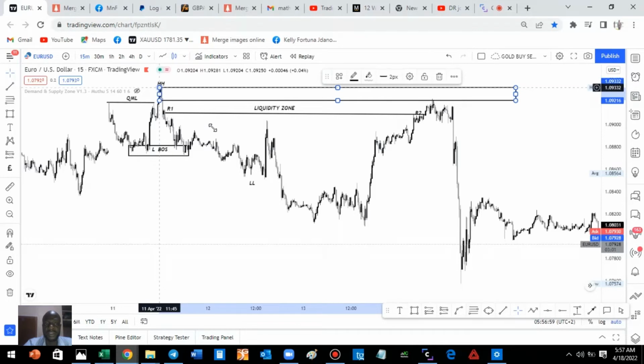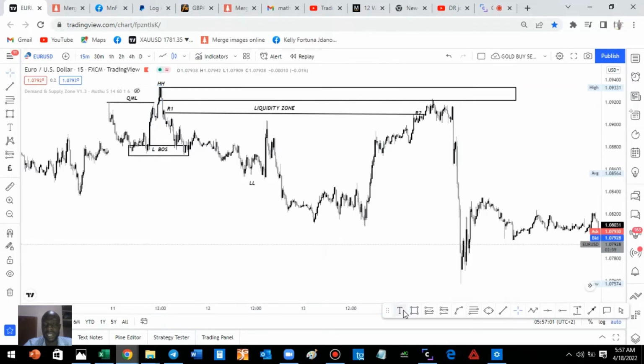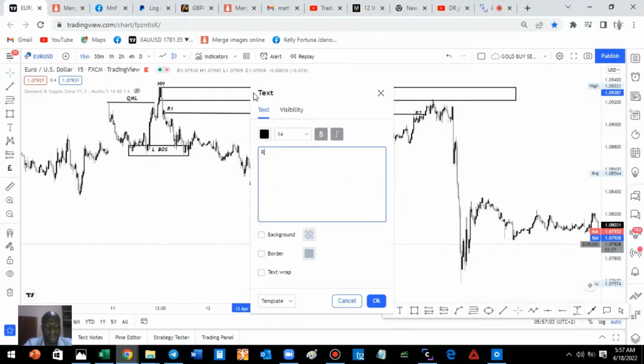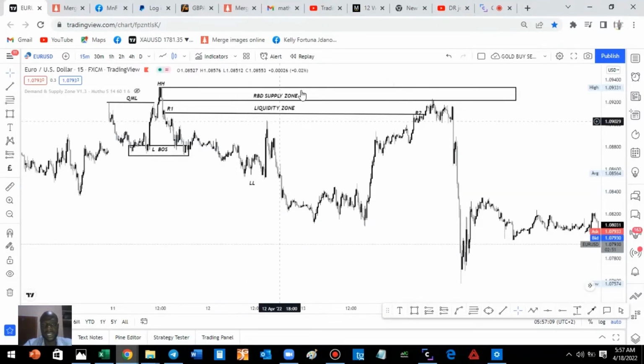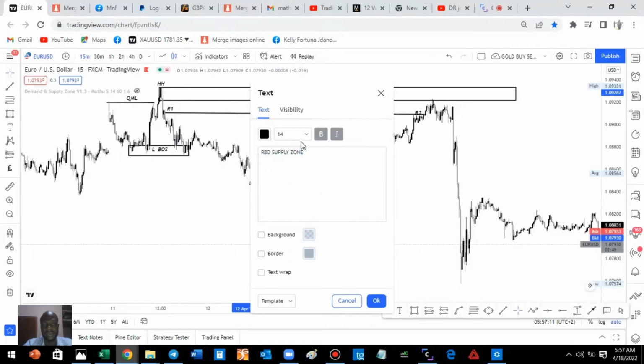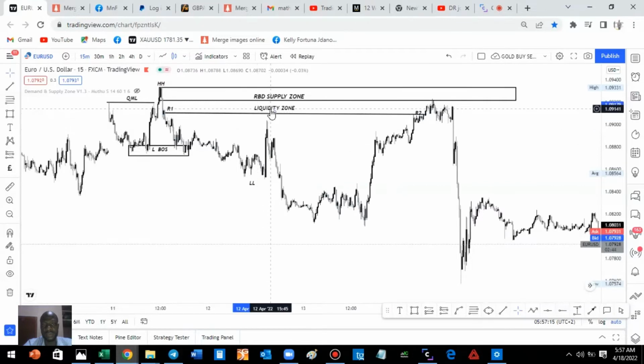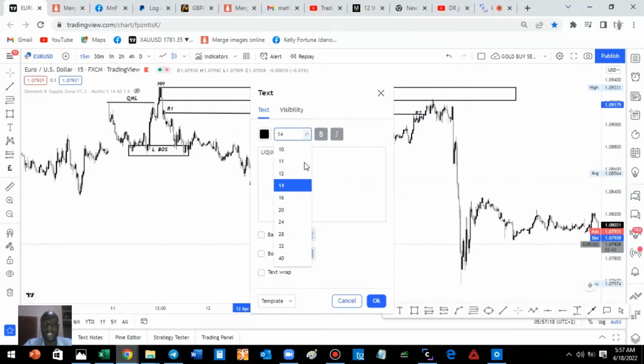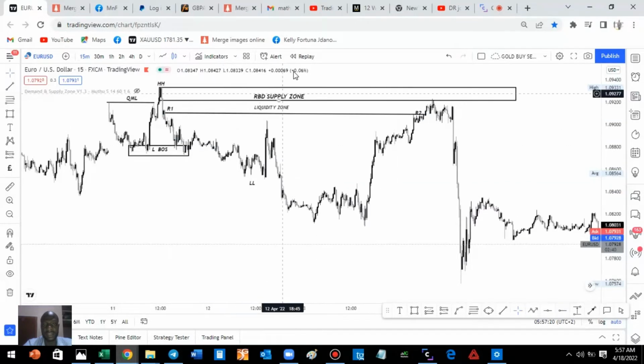The market literally just came to our zone and then dropped like that. So this is RBD, a rally base drop supply zone. Nice setup. So let's increase the font on this one, and then reduce the font on this one. Yeah, so far looking very well.